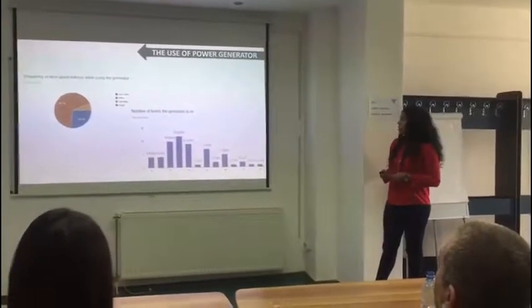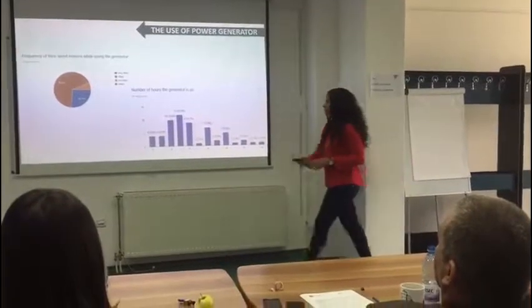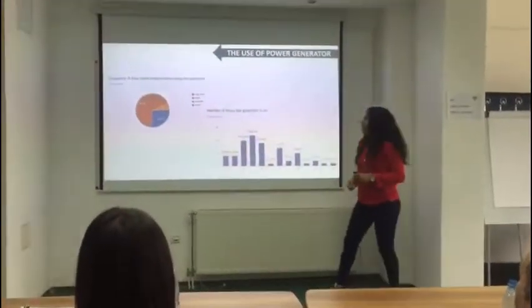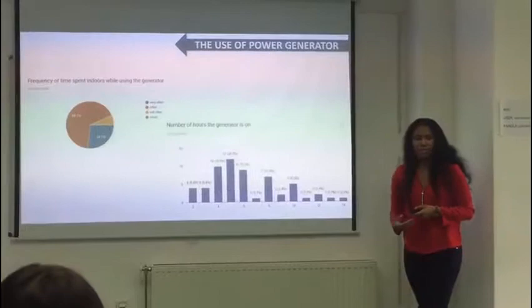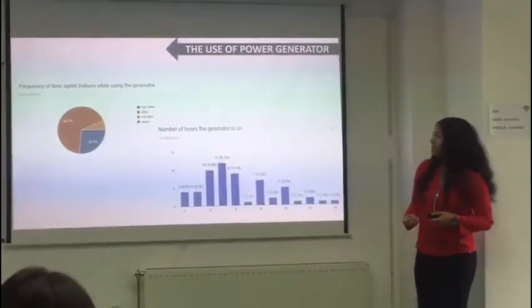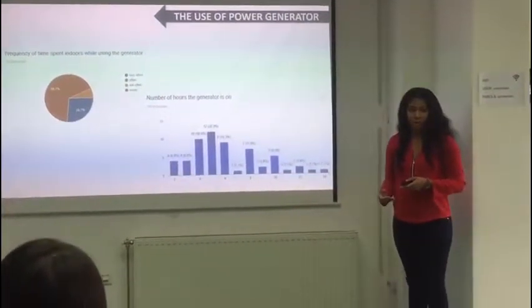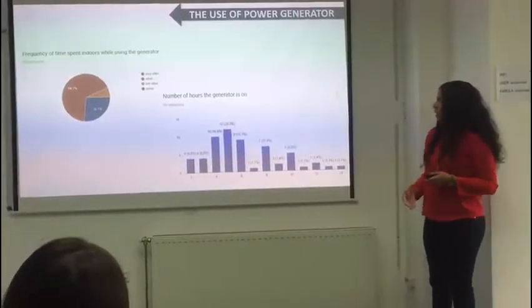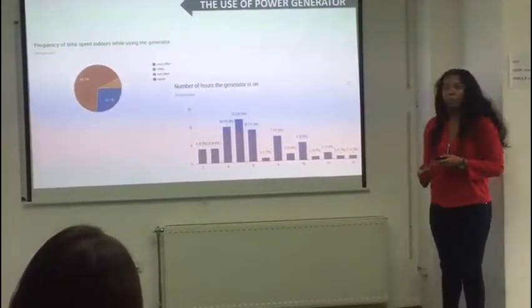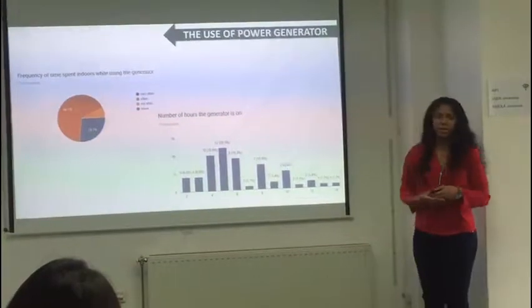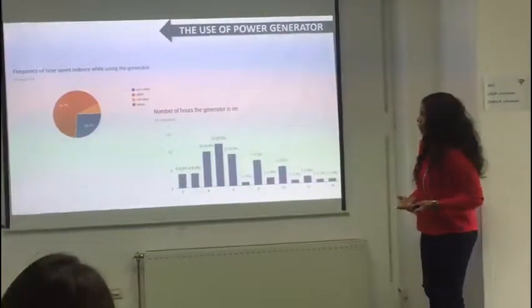The use of power generator. This graph here indicates the behavior of how these participants use the generator. Very often means every day per week, often means 3 days per week, not often means once per week, and never means that they never use their generator in their respective homes.